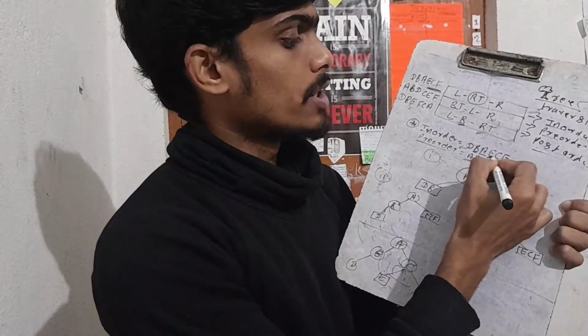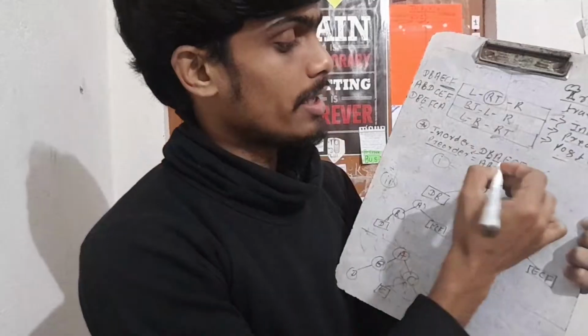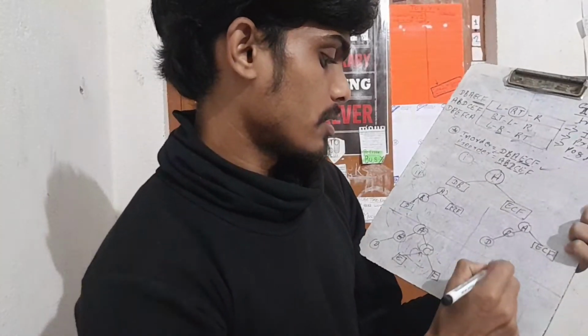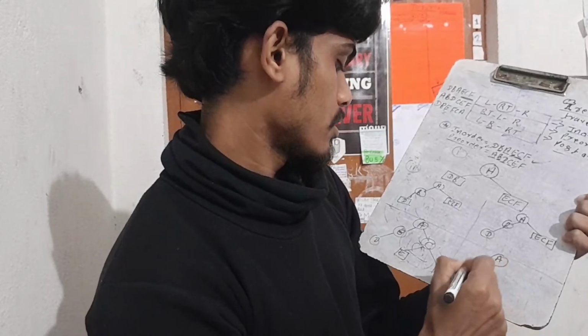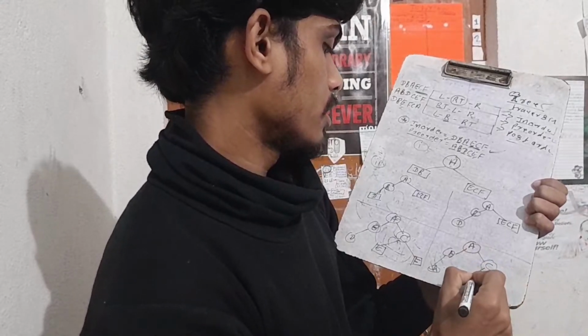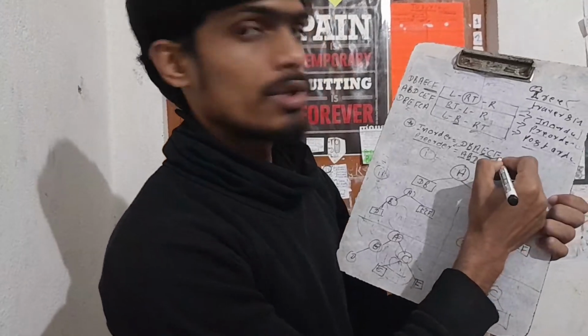Now one by one, after c, e. So we will come to e. What is the left and right of e? a and c are already displayed, so we will write nothing. a, b, d, c, and e are already displayed. Now we have only f. So we go to f here.